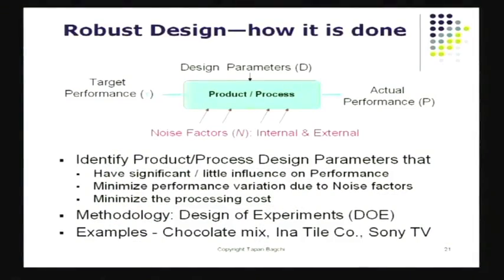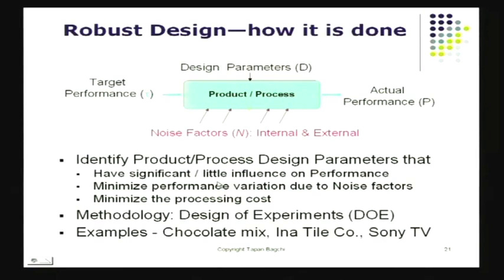If you look at a system, you have what we call design parameters. We've got certain target settings that we have to set. Then you've got these noise factors, then you've got the actual performance. What we have to really do in robust design is identify the product and process design parameters that have little influence or significant influence on performance.